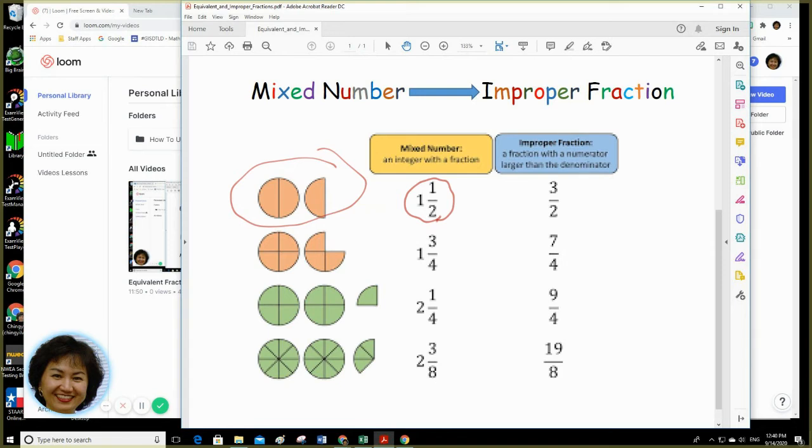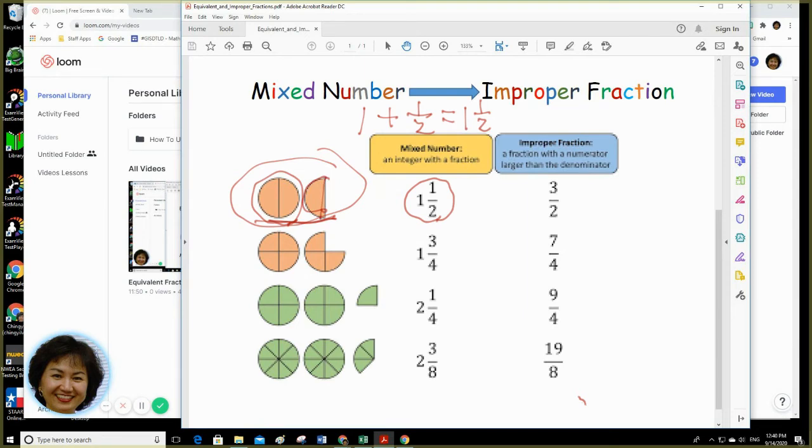The picture is here. You can see 1 and 1/2 means 1 plus 1/2. We write it as 1 1/2. That is 1 whole pizza plus half of the pizza.